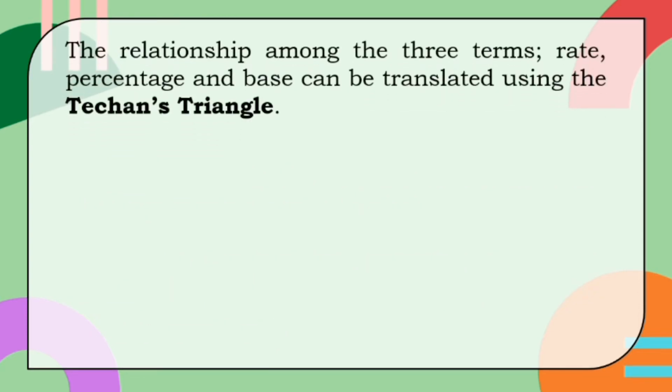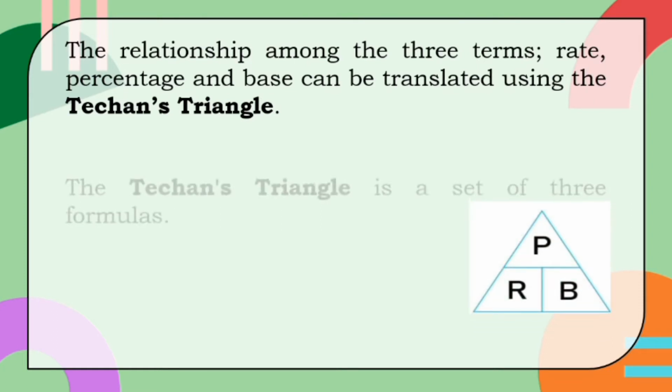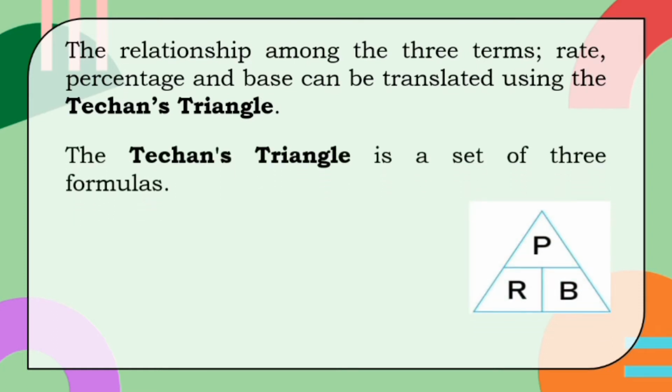The relationship among the three terms, rate, percentage, and base, can be translated using the Tatian's triangle. The Tatian's triangle is a set of three formulas. Napakahalaga din ng Tatian's triangle dahil ito ang tutulong sa atin para maalala ang mga formula ng percentage, base, and rate.